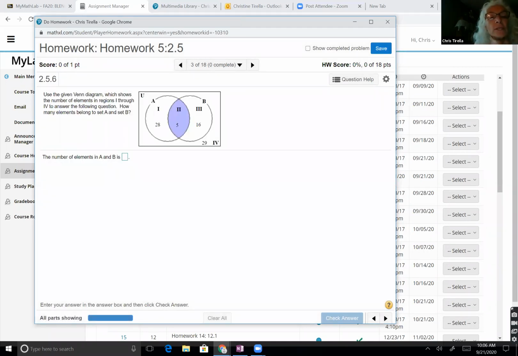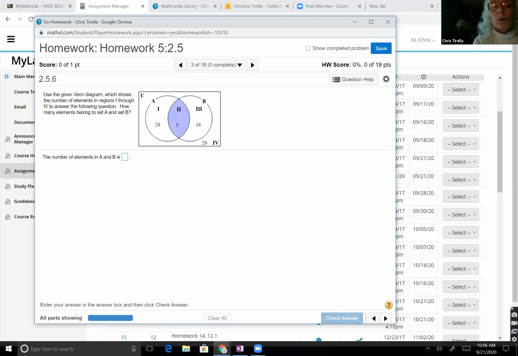So question number 3. Use the given Venn diagram, which shows the number of elements in regions 1 through 4, to answer the following questions. How many elements belong to set A and set B? When I say and, it means both have to be true at the same time.